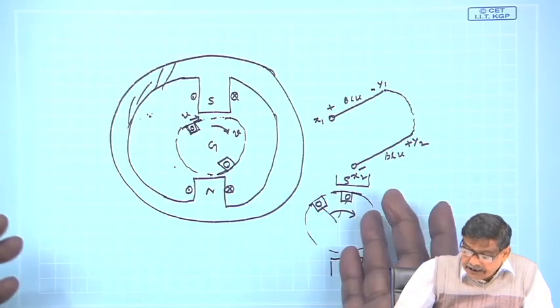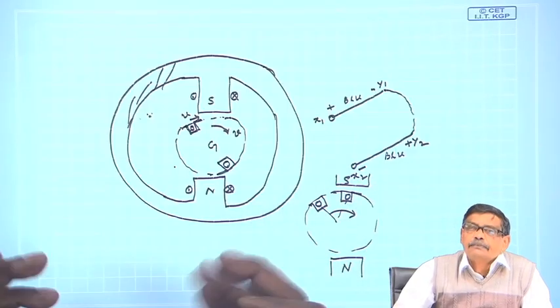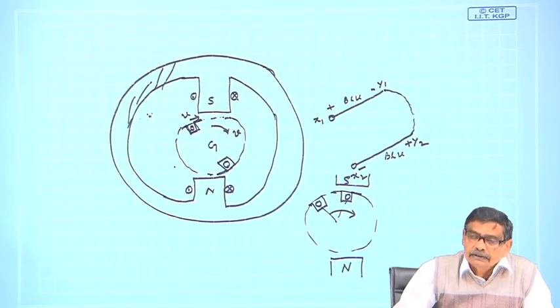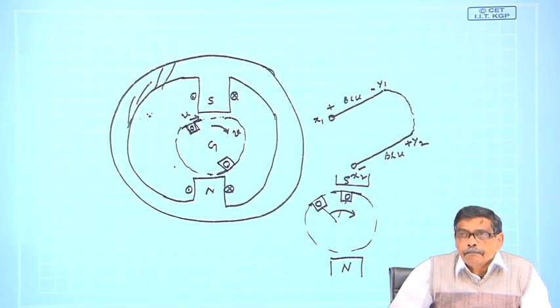And if you arbitrarily place the second conductor, it will never ensure the maximum voltage across the combination of these two conductors.